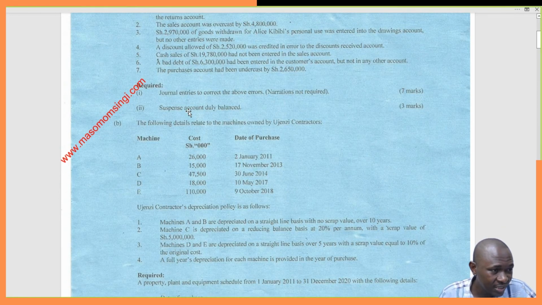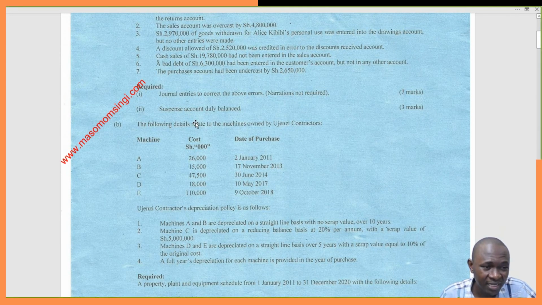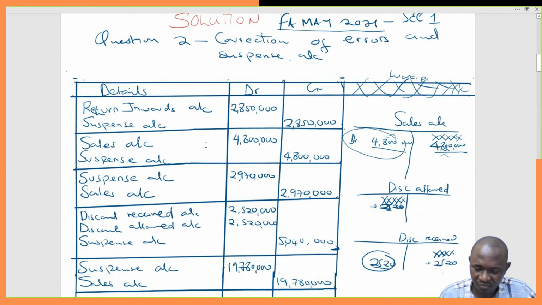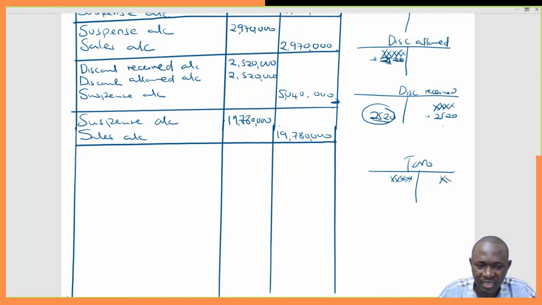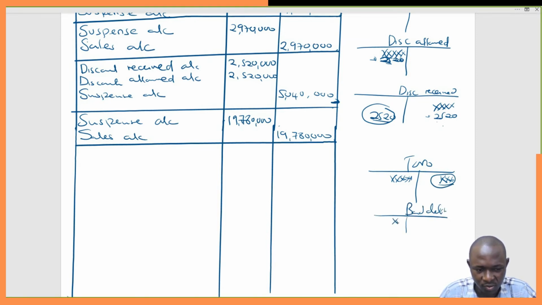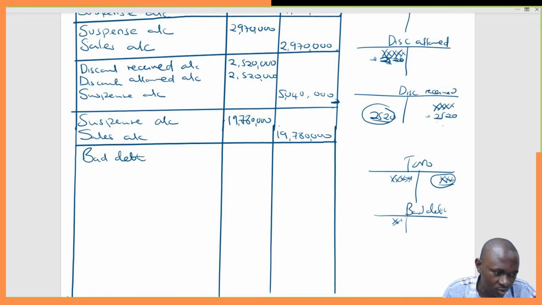So what happens? A bad debt of 6.3 had been entered in the customer's account. So if this was the customer, Toro maybe, and he has a debit balance, the 6.3 will reduce his liability, so it will be credited. And then we open the bad debt account to show that it's a loss to the business, and we debit. So we come here and say bad debt, because it's a debit, we go straight to it.